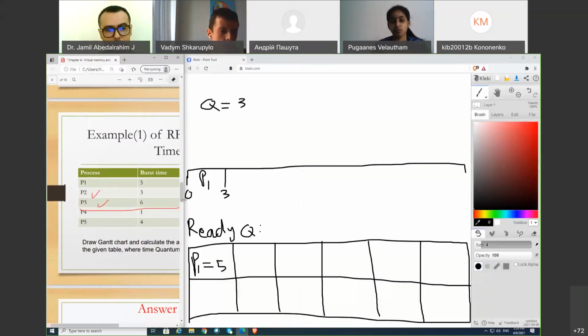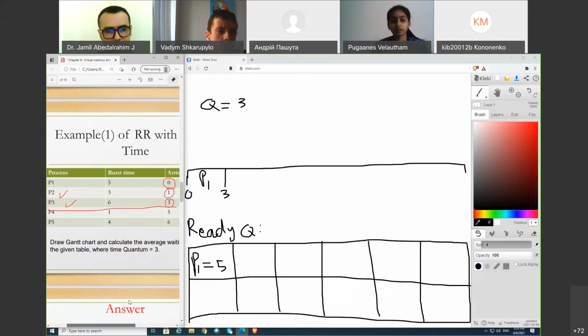So we find new ready processes, okay? We directly write down the new processes in our ready queue table, following the given sequence. So P2 first, because it arrived first, P2 equals burst time 3. P3 equals burst time 6.